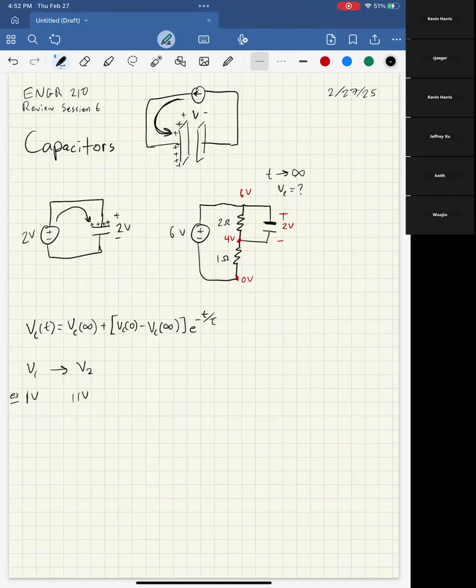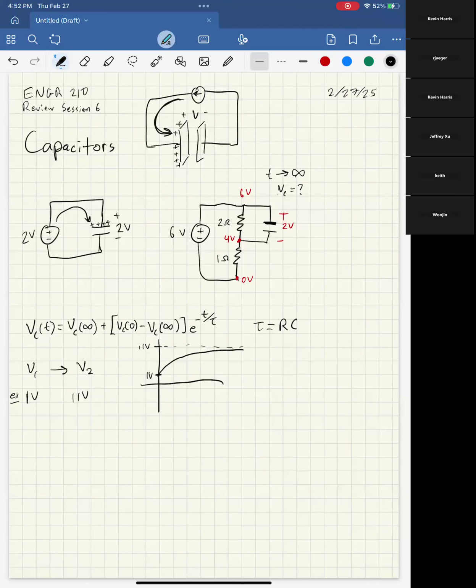The function would look like a graph where we start at 1 volt and go up to 11 volts, approaching 11 volts like this, where tau equals R times C.